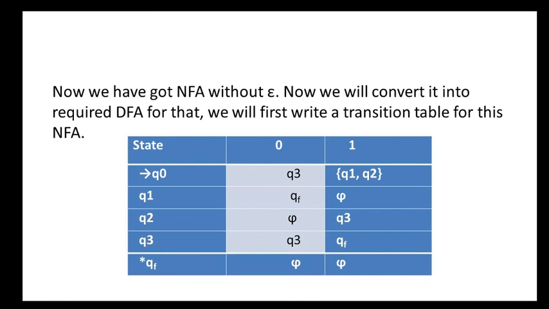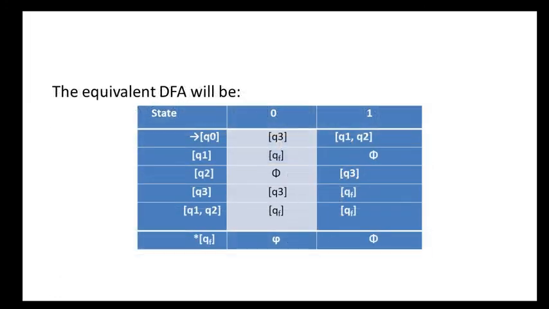Q2 on 0 is null. Q2 on 1 is Q3. Q3 on 0 is Q3. Q3 on 1 is QF. QF on 0 is null and QF on 1 is null. We have written the transition diagram. By using the transition diagram, we can write the equivalent DFA from the transition table.